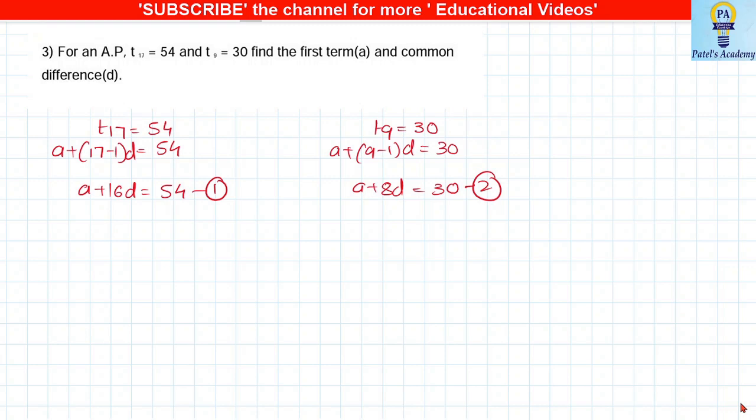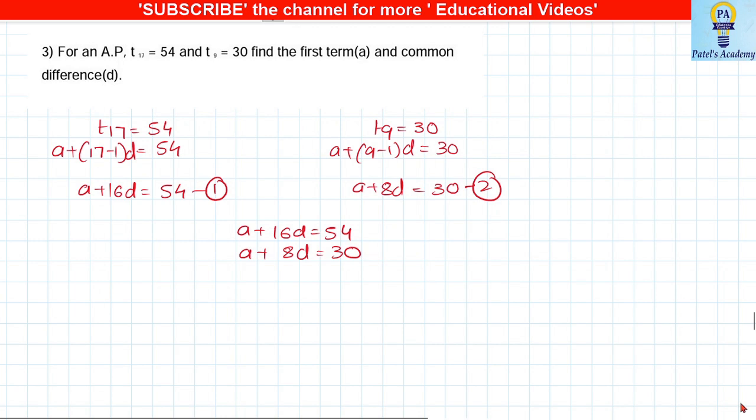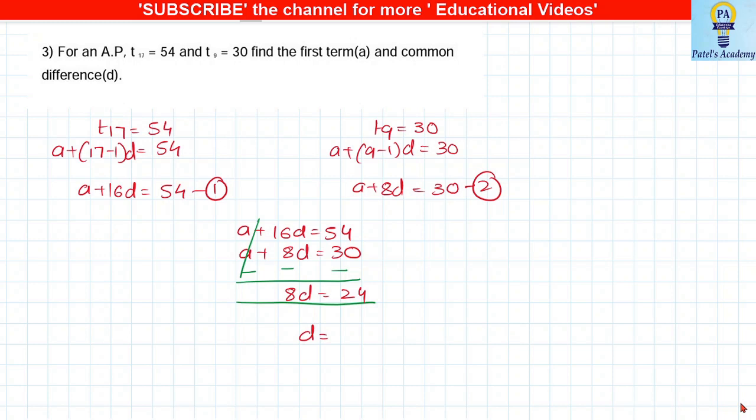Now the sum is from this chapter. Actually, this particular sum is a combination of AP and simultaneous equations. So let us subtract both the equations. When we subtract, a will cancel. So what we get is 8d equals 24. So d is 3.